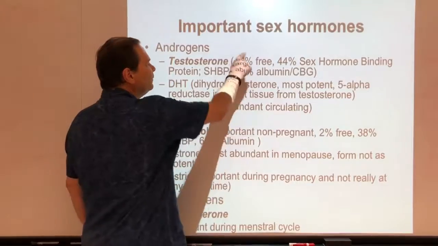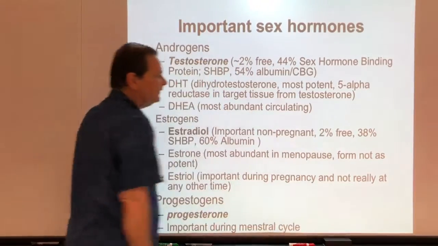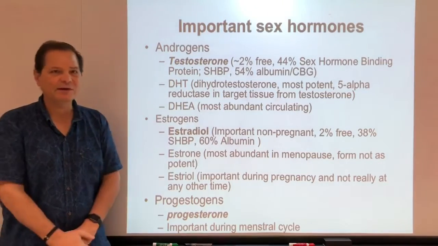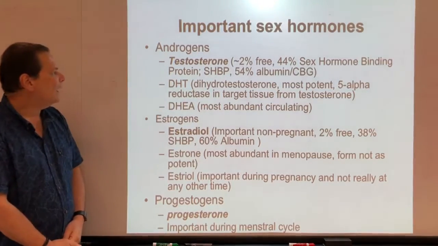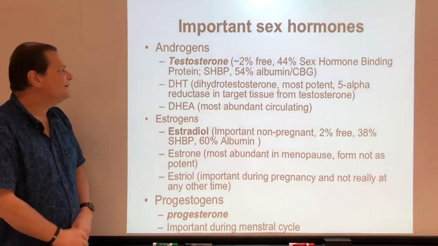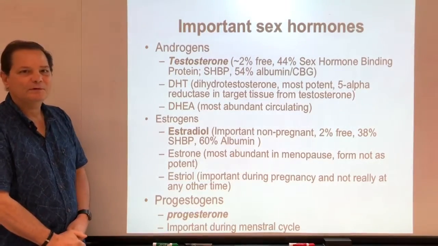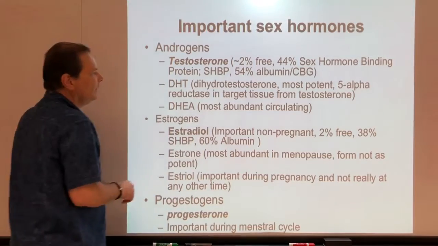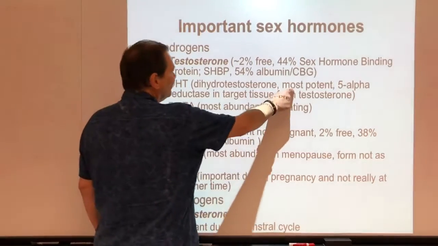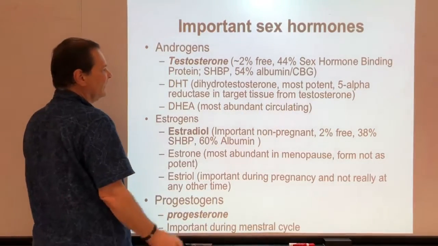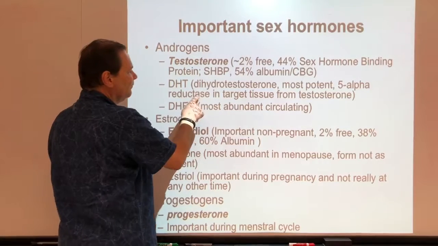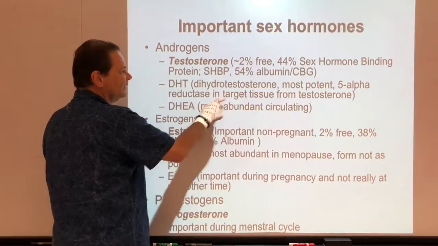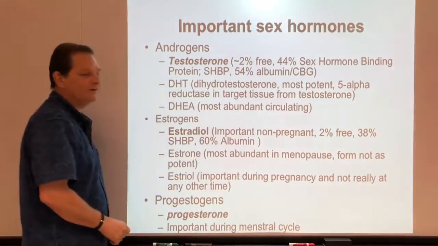In fact, only 2% or so is actually free in the plasma. The rest of it is circulating in a bound form. There are different forms of these hormones, which you may hear mentioned. There's dihydrotestosterone. This is the most potent form of testosterone. It's formed by 5-alpha reductase in the target tissue itself from testosterone.